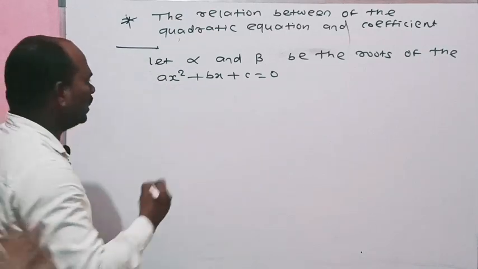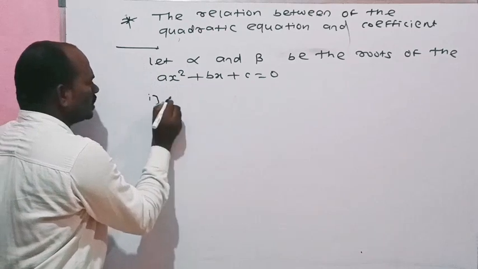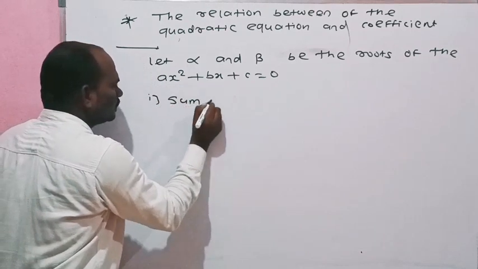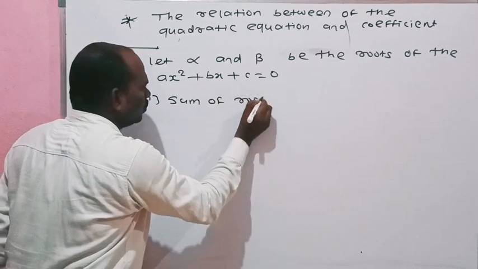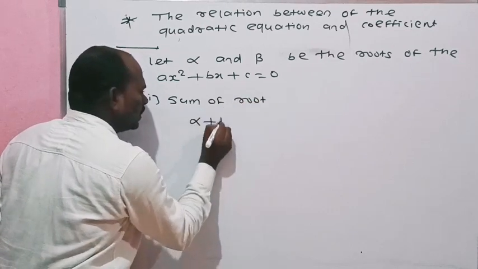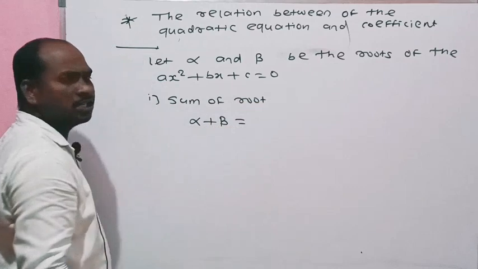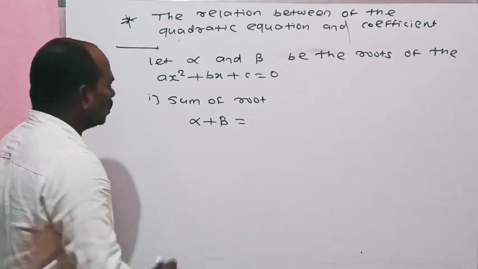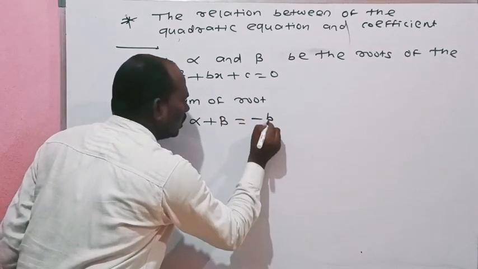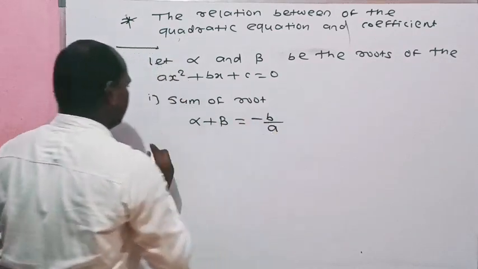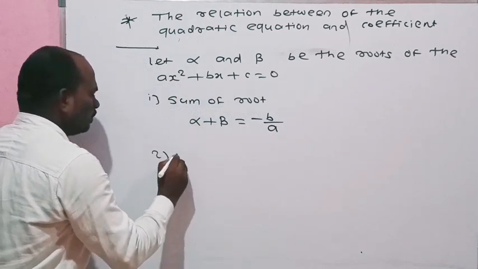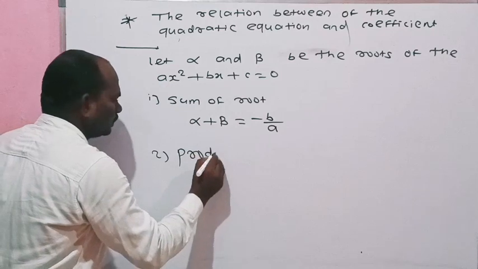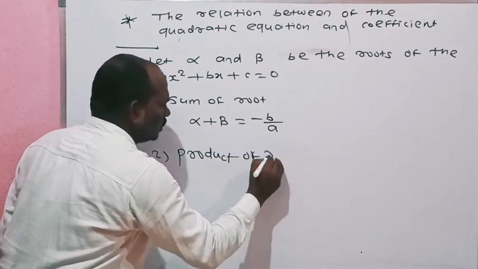Then first we find the sum of roots. The sum of roots, that is alpha plus beta, where alpha and beta are the roots, is minus b by a. The second is the product of roots.